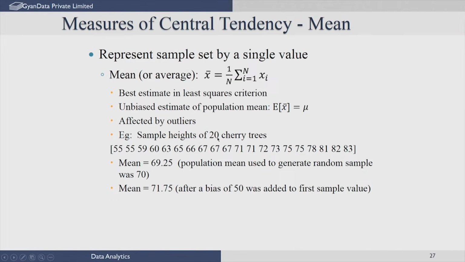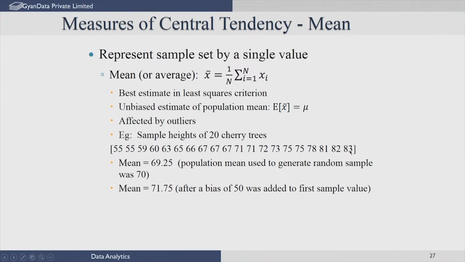We have taken 20 cherry trees and we have measured the heights of the cherry trees in feet, and we got a bunch of numbers, which I generated randomly from a normal distribution with a mean of 70 and a standard deviation of 10. So the population mean is 70 and the population standard deviation is 10, and I got these values.